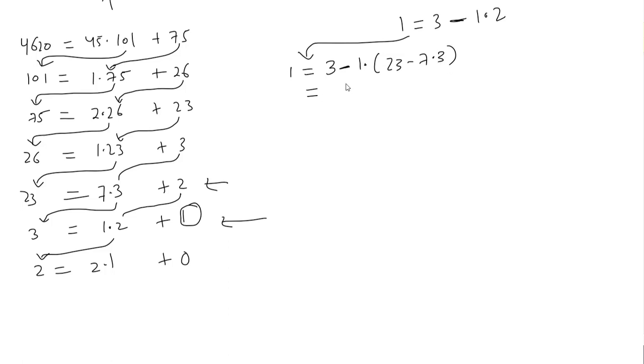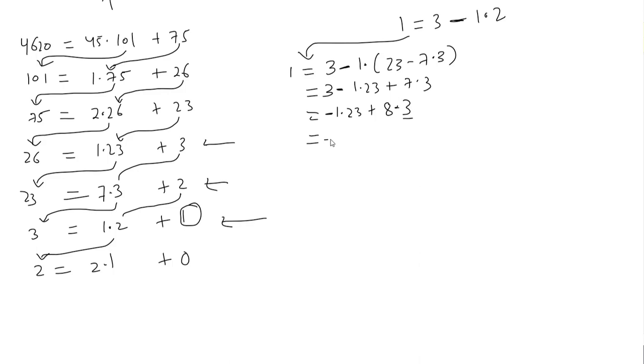Then if you rewrite this, this will be equal to 3 minus 1 times 23. Minus and minus will be plus, this will be plus 7 times 3. So this will be equal to minus 1 times 23 plus, 7 times 3 and this 3 will add up, so this will be 8 times 3. This equation, moving upwards, we are actually moving backwards here, will give us the value of 3.